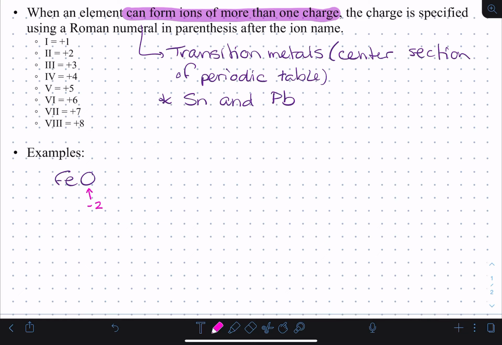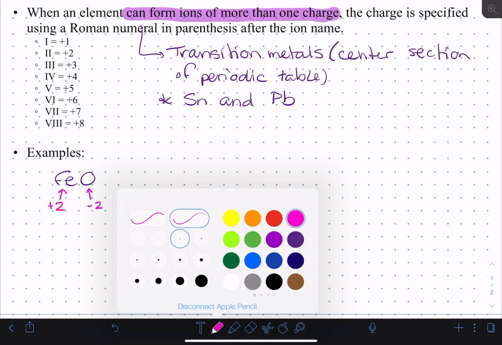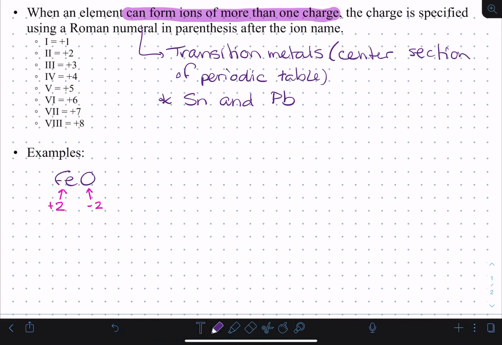So if this is a formula that exists, and I'm telling you that it is, that means that in this compound, iron must have a +2 charge in order for the overall charge to be 0, and that will always be true. If oxygen is -2, in this 1-to-1 ratio, iron must be +2.